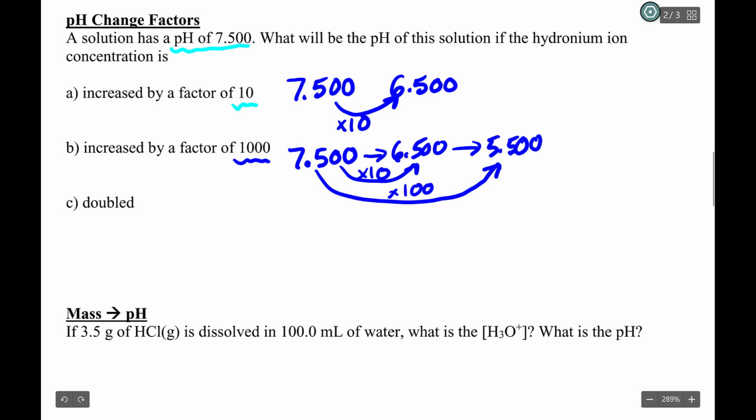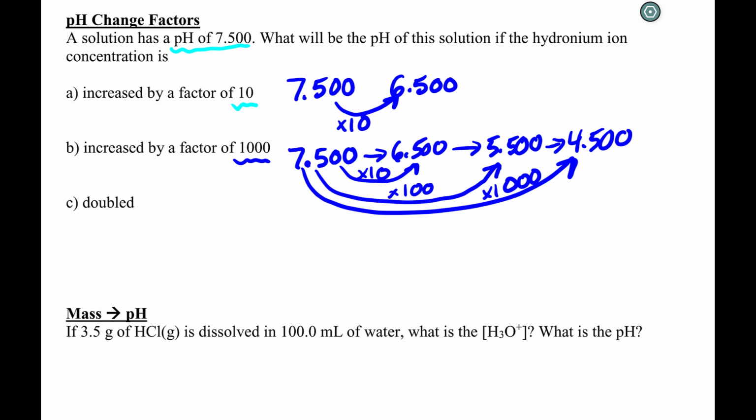And if I moved it to 4.500, that's 3 times over, which would be 1,000 times more concentrated, which is crazy. So if you notice, I've got 3 zeros in this number, and I've moved this over 1, 2, 3 times to get the actual pH.